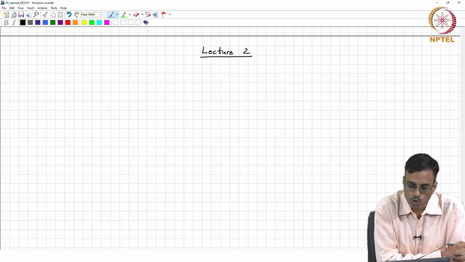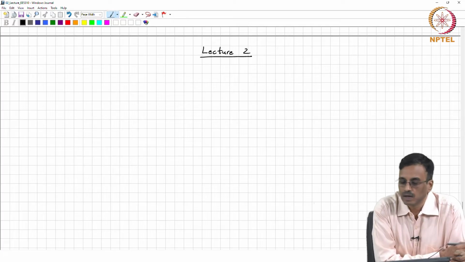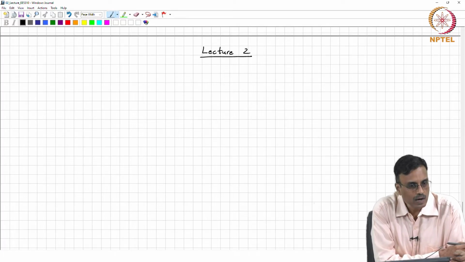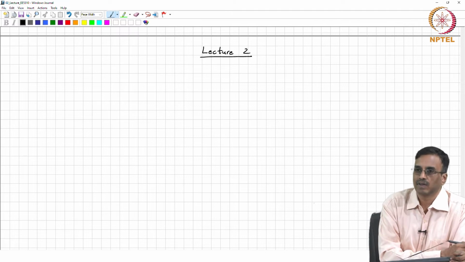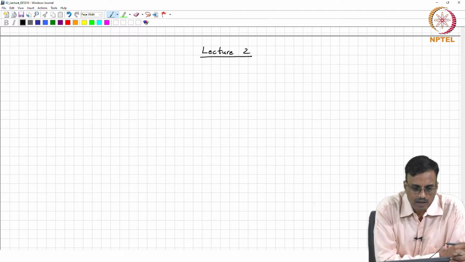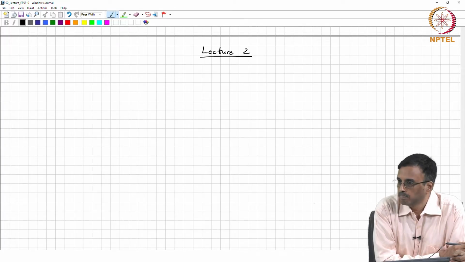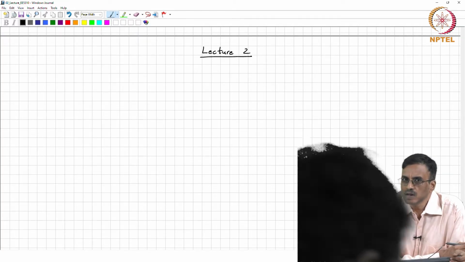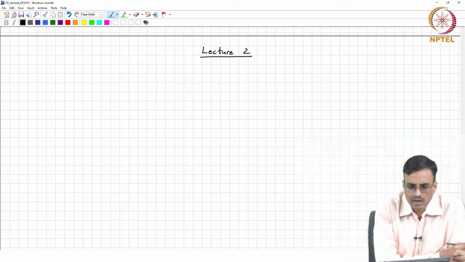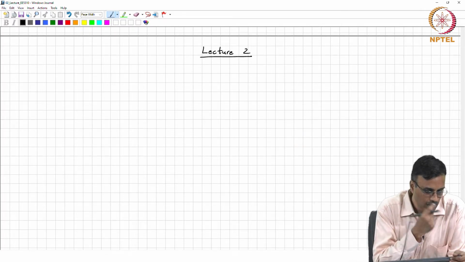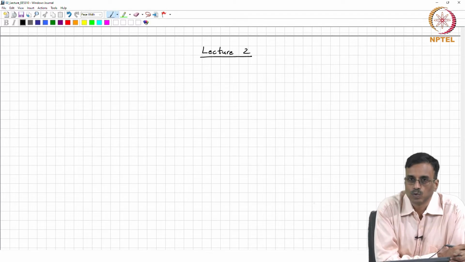This is lecture 2. In the last class we were looking at a simple nonlinear network and we concluded that fundamentally finding the branch currents and the branch voltages, and thereby the node voltages, in a network which is nonlinear is a difficult job, right, because you get a system of equations which is nonlinear in the network unknowns, namely the branch voltages and the branch currents, and these are also coupled.